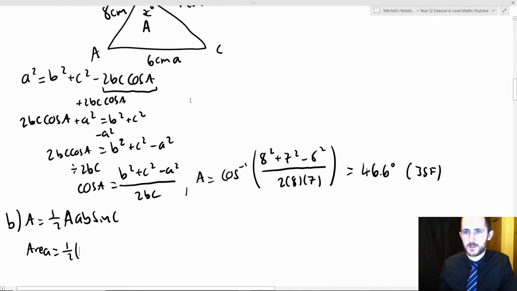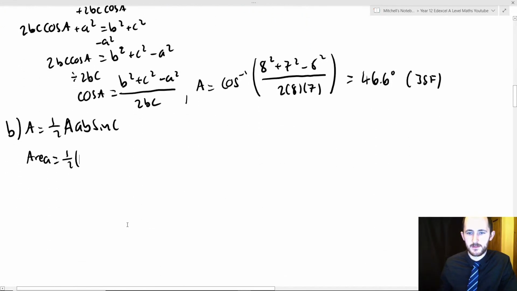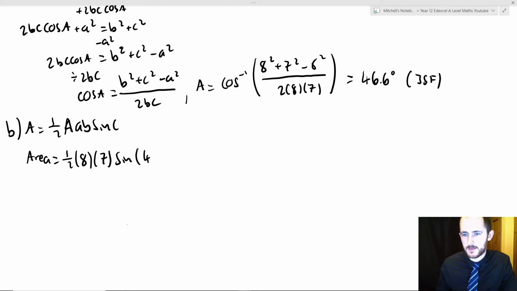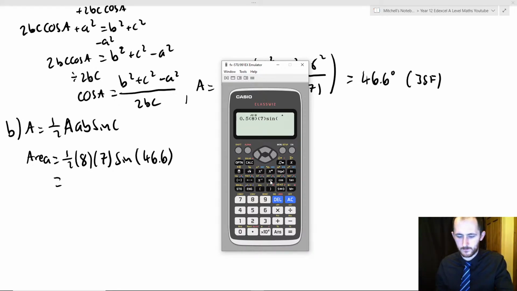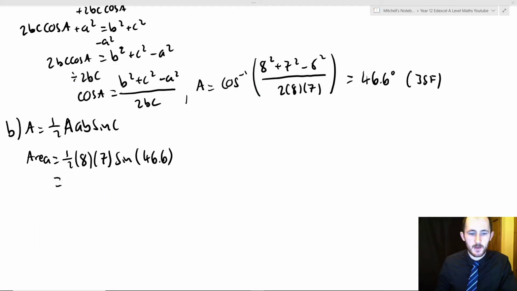A and B are the 2 sides that make up the angle, so 8 and 7, and sine 46.6. And yeah, we get 20.3 centimeters squared.